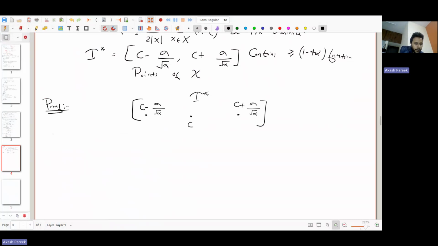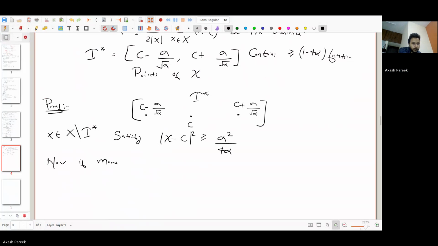Take any point small x that belongs to X minus I star, so any point which does not belong to this interval. This point would satisfy that the squared distance from this point to C is greater than this.